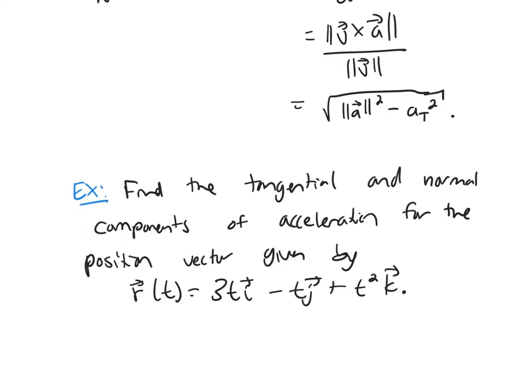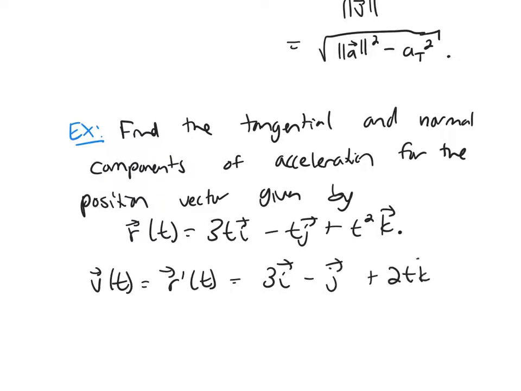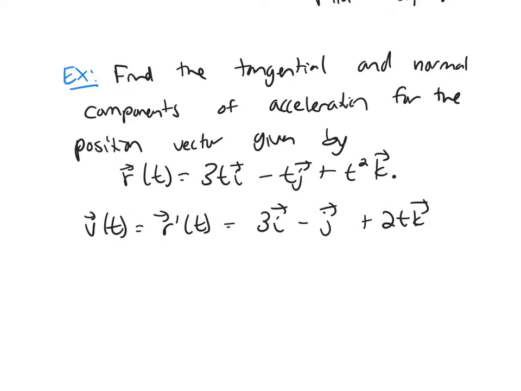So we're going to need to find the velocity, v of t. Well, that's the derivative of r. So it'll be 3i minus j plus 2t k. We're also going to need the magnitude of velocity.